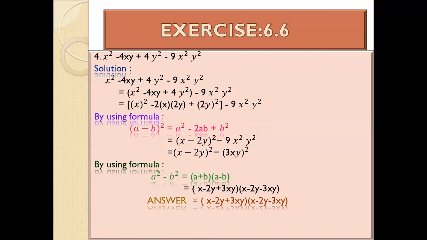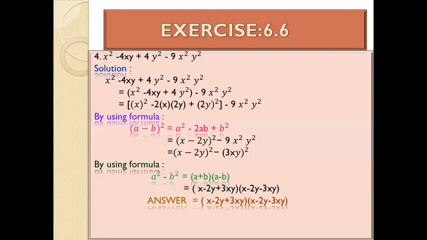Now there is a negative sign, it means we apply the formula (a − b)². And we find that a is x and b is 2y.